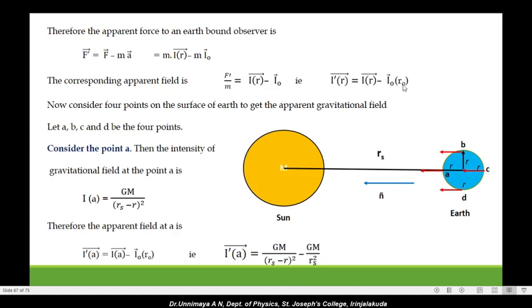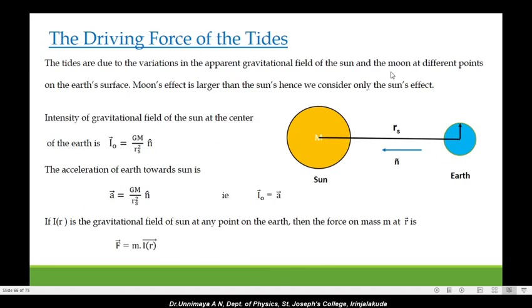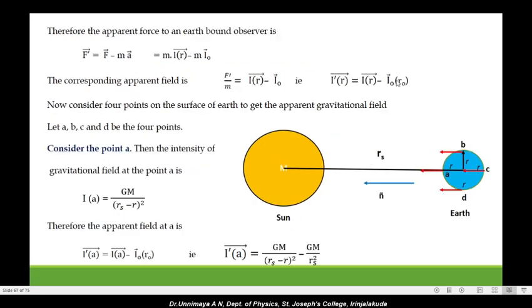I0 means the gravitational field of Sun at the center of Earth, at R0, and I of r is the gravitational field of Sun at any point on Earth.